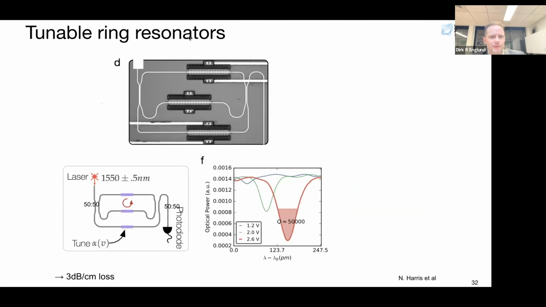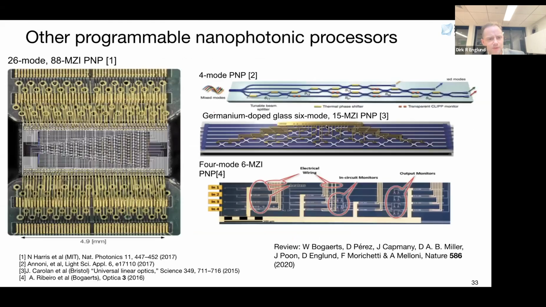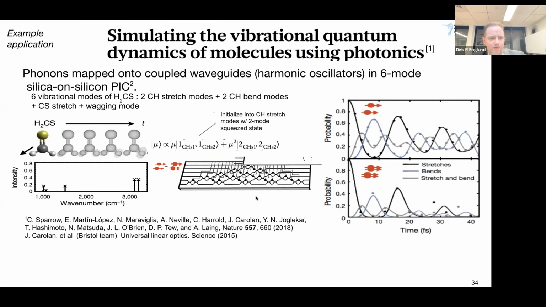Here's another device that we make, these tunable ring resonators. Here you can have a ring resonator whose quality factor and center frequency are individually tunable. And by putting all these devices together, various groups around the world are making more sophisticated programmable photonic circuits. And here's just a compendium of a few of the earlier ones.